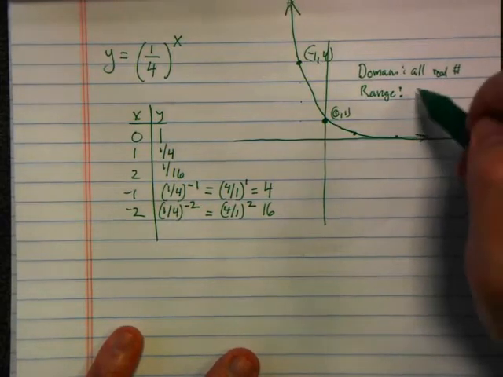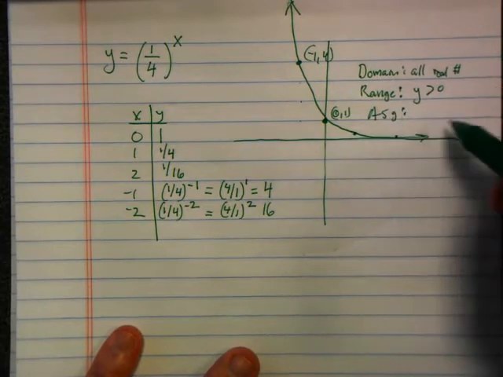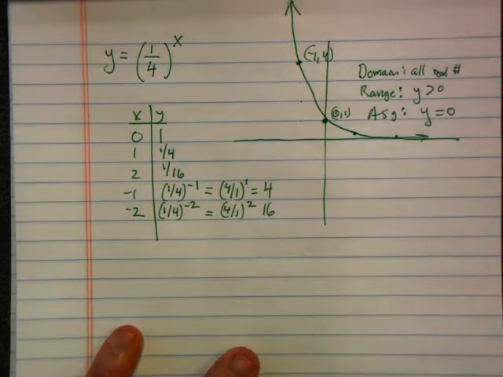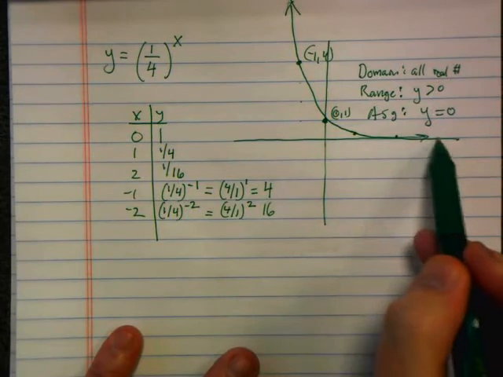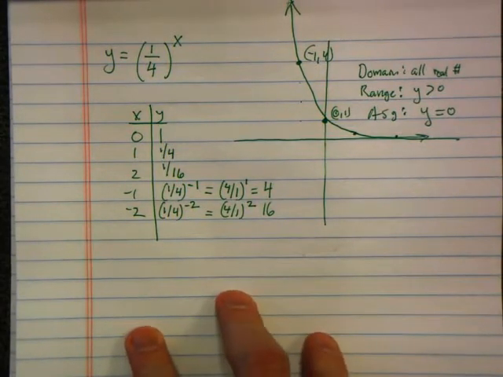Only positive, so y is greater than 0. And my asymptote? Y equals 0. We're getting closer and closer to the axis, but never touching it. Questions on graphing exponential functions?